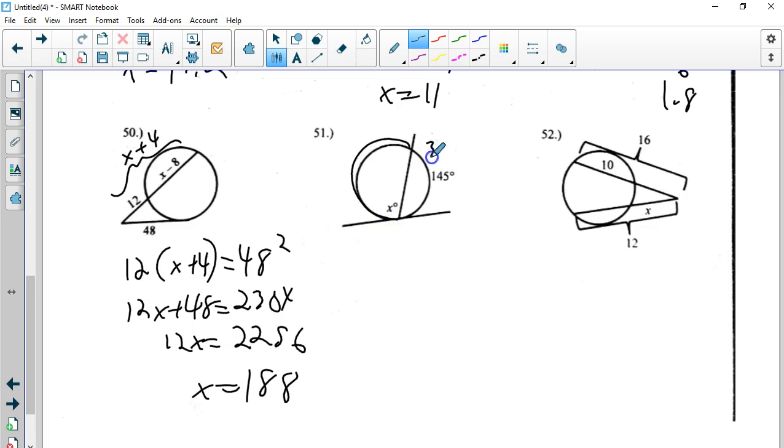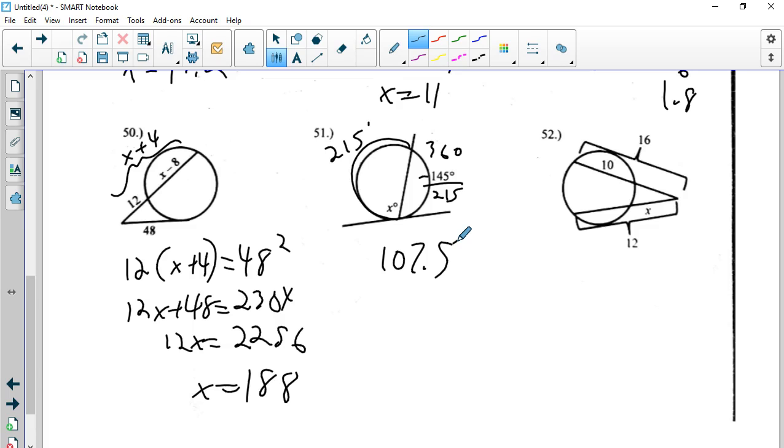Well, it's going to be 360 minus 145. So that's going to be 215. So this is 215 degrees. Divide that by 2, and we get 107.5. So be careful. Don't just divide the number you see by 2. Make sure the arc is on the same side as the angle you're looking for.